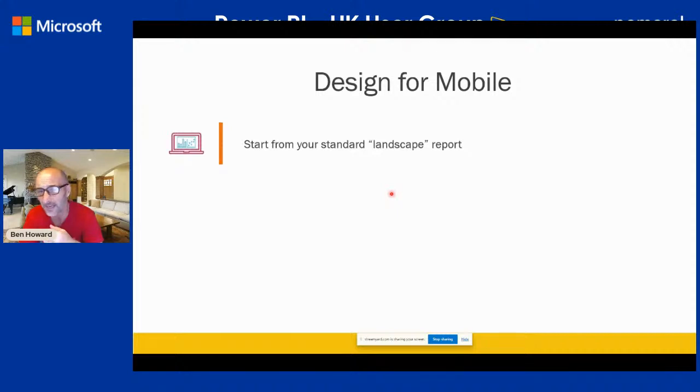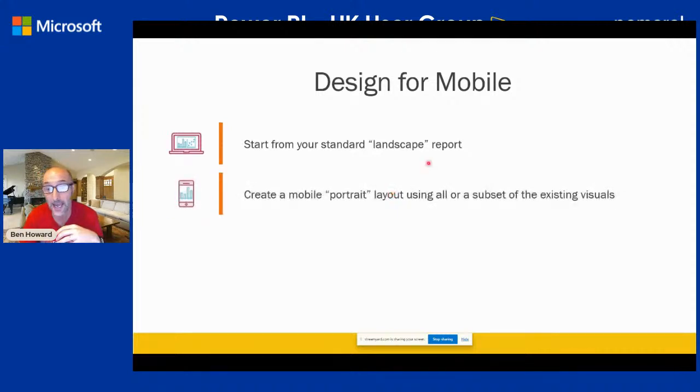So we start from that standard landscape report, and then I will go and create a mobile portrait using all or a subset, very often a subset, of the existing visuals. I don't drag them all on there. We've got a much smaller format for a mobile view than we have on a desktop.